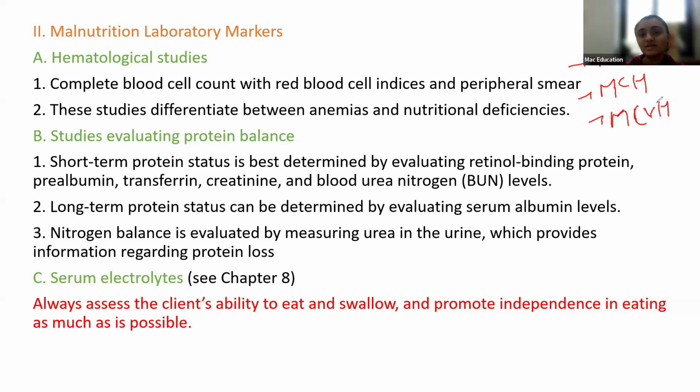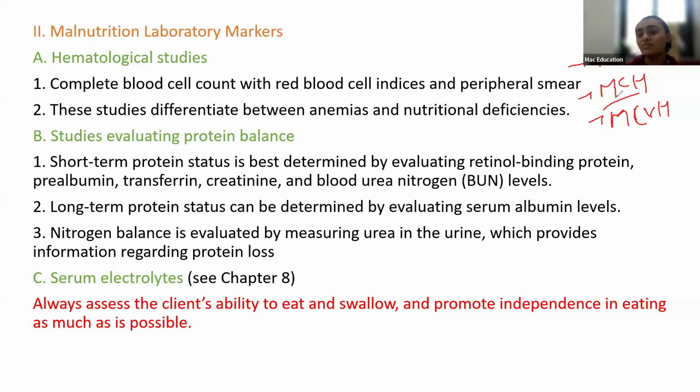Have you ever seen this in a blood report? In the CBC, the complete blood count, there is everything: HB, hematocrit, platelets, WBC, differential WBCs, and in RBCs, MCV and MCH. Have you seen all this? Yes or no? Yes. So this gives you the complete idea about the nutritional status.